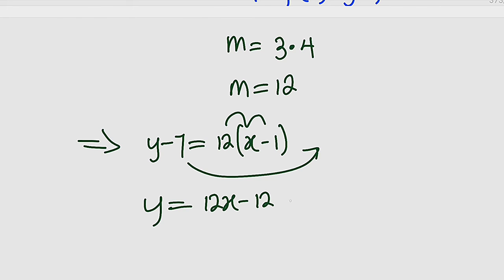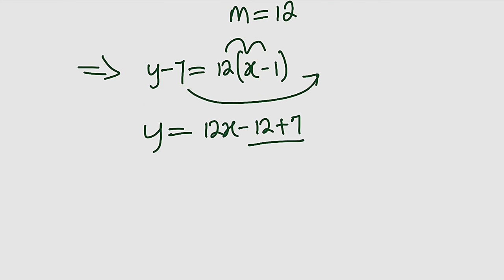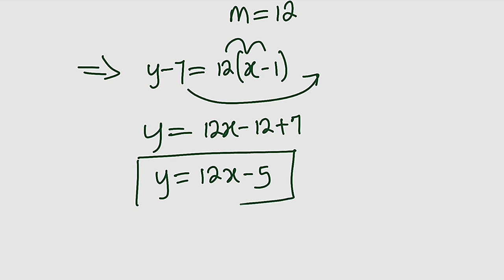Then as negative 7 crosses over, it becomes positive 7. And negative 12 plus 7 is negative 5. Finally, y equals 12x minus 5. And hence, this is the equation of the line tangent to the graph of h.